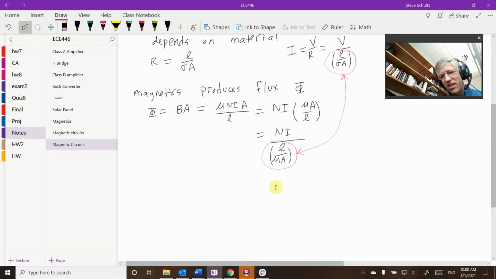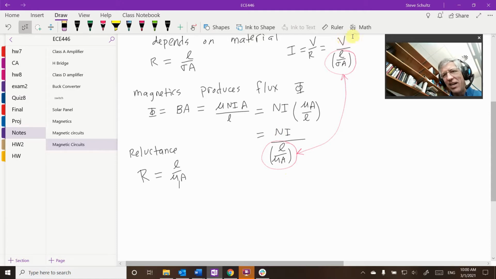So we're going to take this term right here and we are going to call it reluctance. And it uses a curly R, sorry, and it's L over mu area. And we can see that it's driven by this Ni.